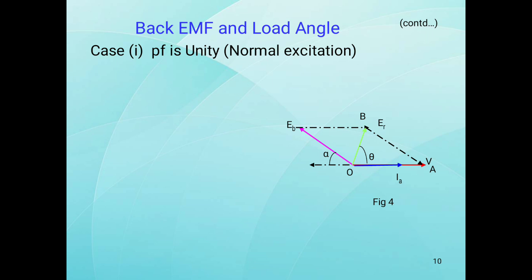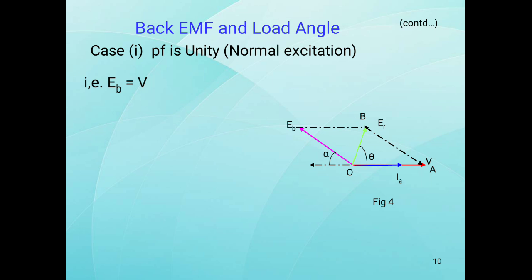The resultant voltage ER is a combination of EB and V. And here theta is between ER and IA. This is the phasor diagram.